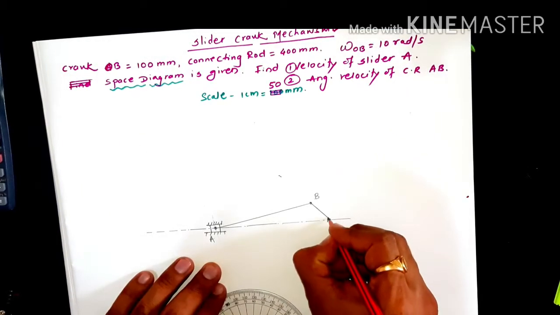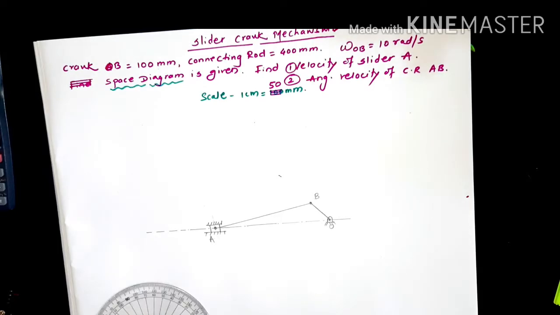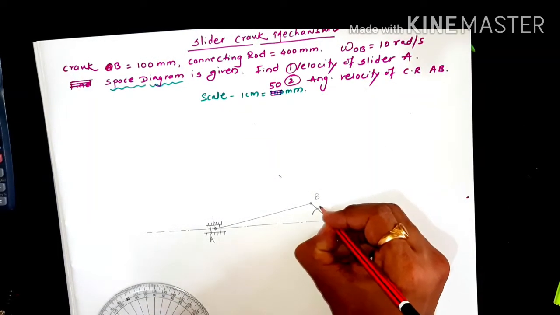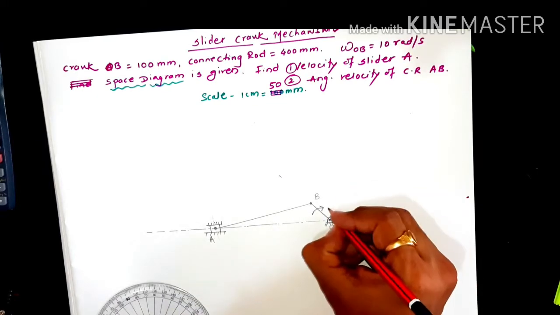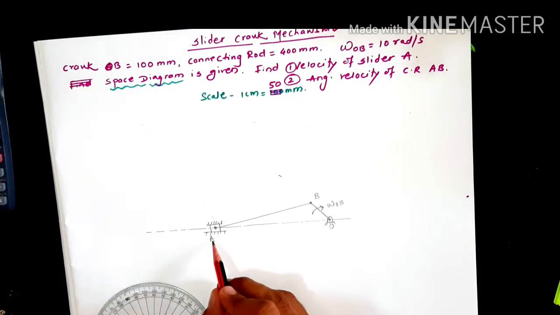Now the crank is fixed at one end, and it is rotating with 10 radian per second. So this is its angular velocity, omega OB, right? This A is nothing but the slider.